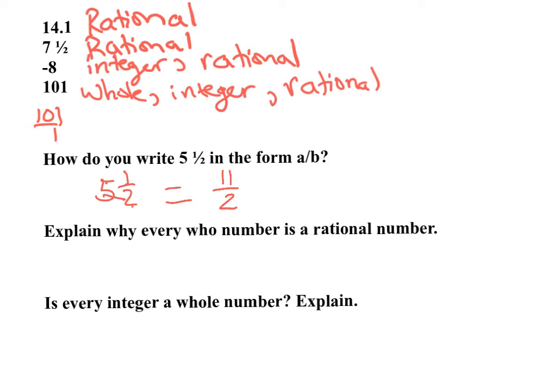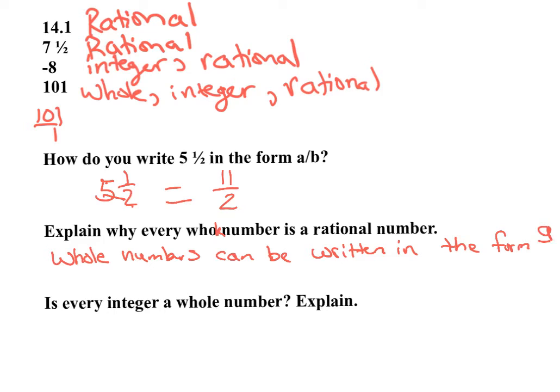Okay. The next one says, explain why every, this should say whole number, is a rational number. How can we write whole numbers? Whole numbers can be written, right, in the form a over b.